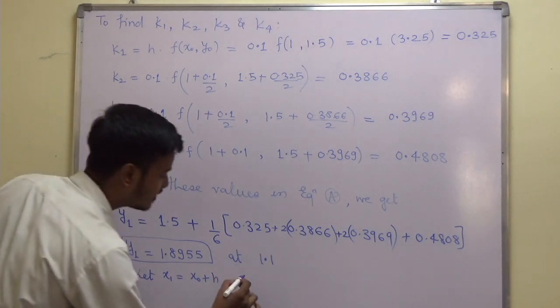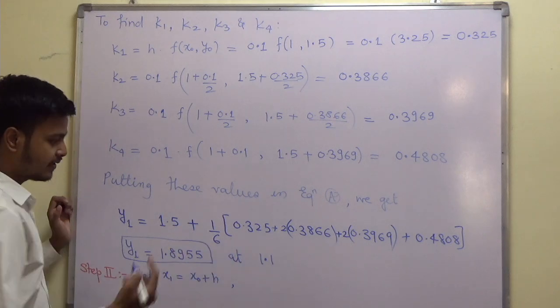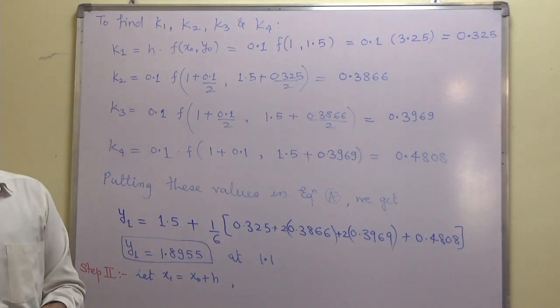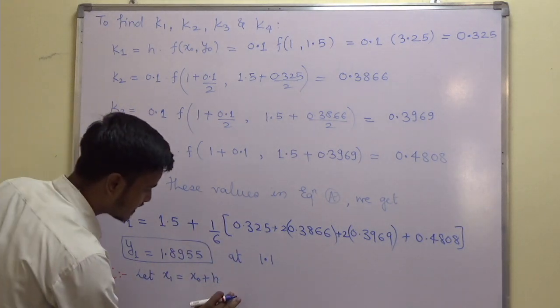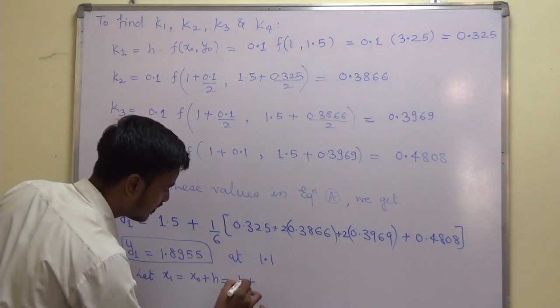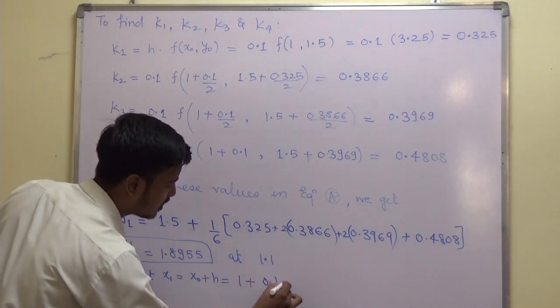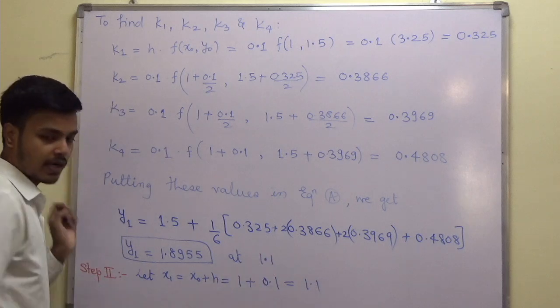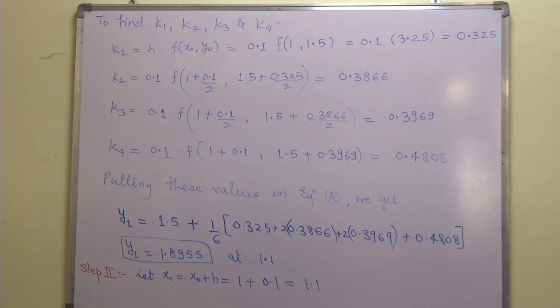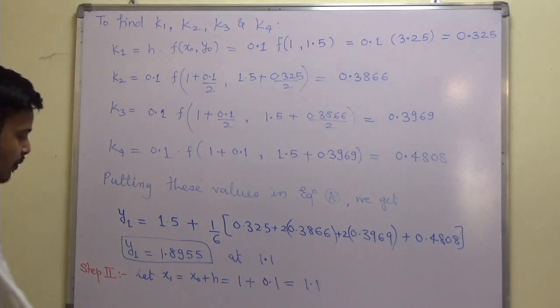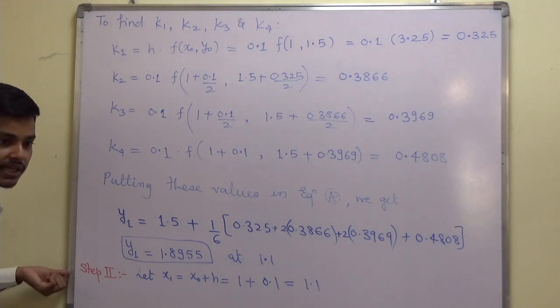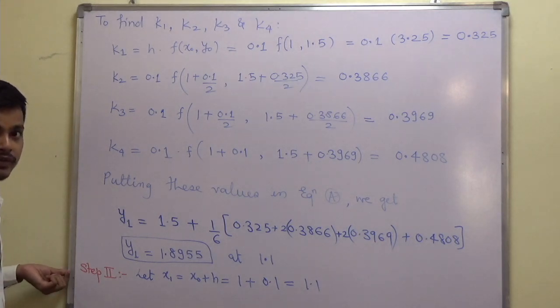We want y1, which we have. x0 is 1, h is 0.1, so the value of x1 comes out to be 1.1.